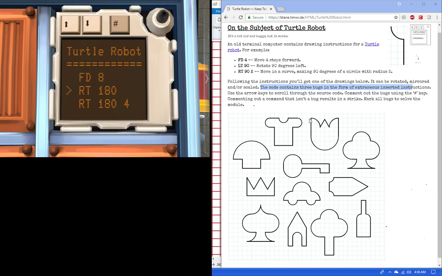Let's check if that's right. So we're facing upside down here, and then we're going to do RT 184. Well, if I was facing this way, I would rather, let's see. 180, huh?